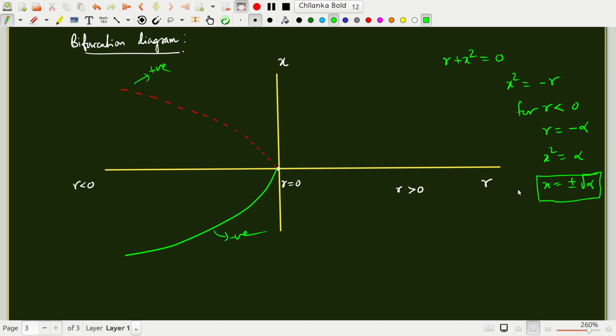Now this is an unstable fixed point. So if I take any initial condition, it will flow away from the fixed point. Whereas this is a stable fixed point.